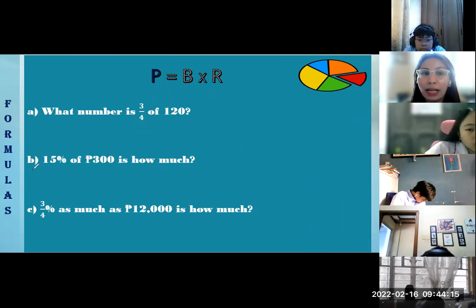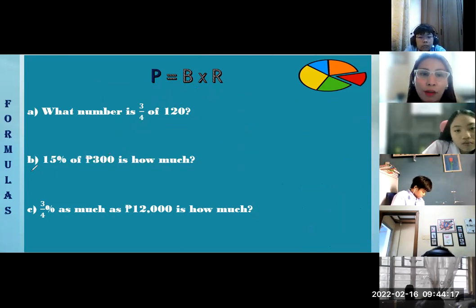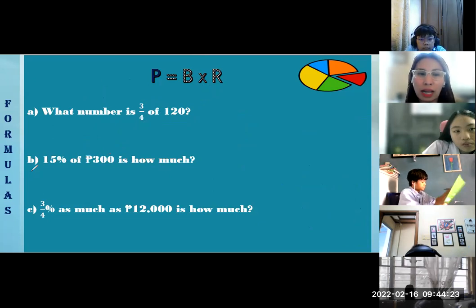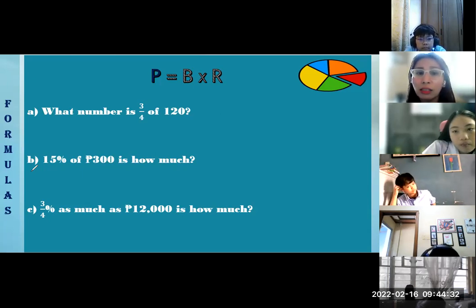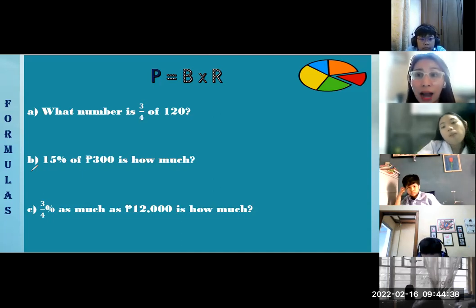So next, sa letter B naman tayo. 15% of 300 is how much? So analyze ulit natin. 15% daw ng 300. So kinukuha yung 15% lang, not the whole, ng 300 pesos. Therefore, mas maliit yung hinahanap natin than 300, right?